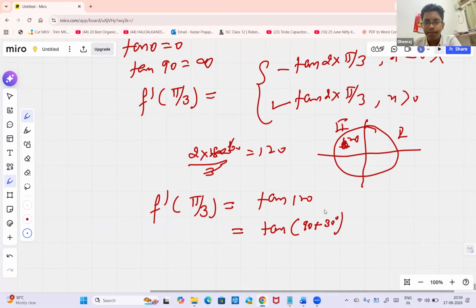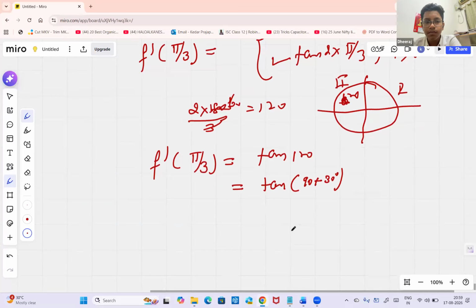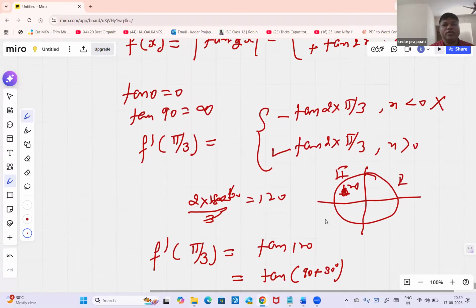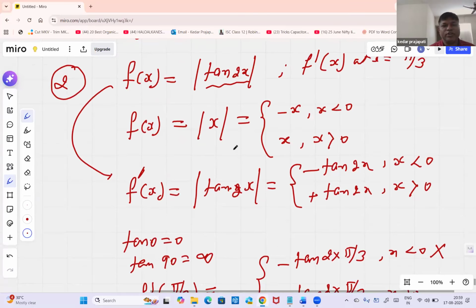Minus root 3. So this is the answer. So whenever you are treating mod, try to treat both cases.